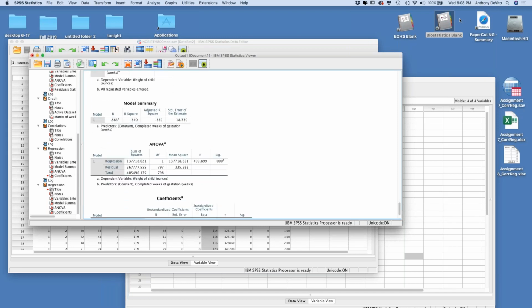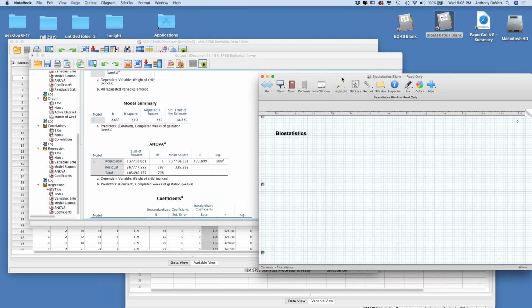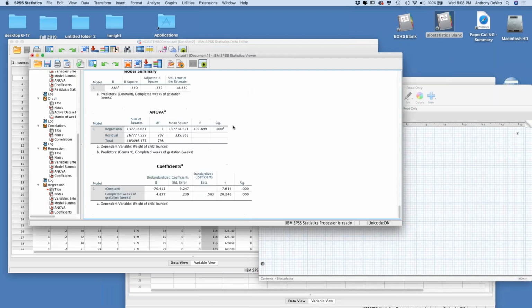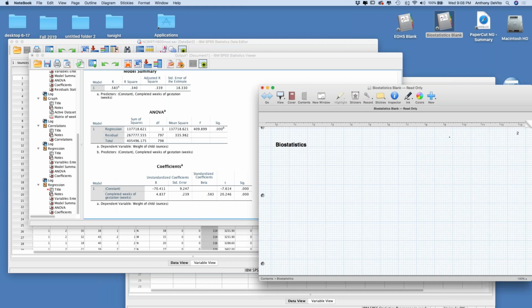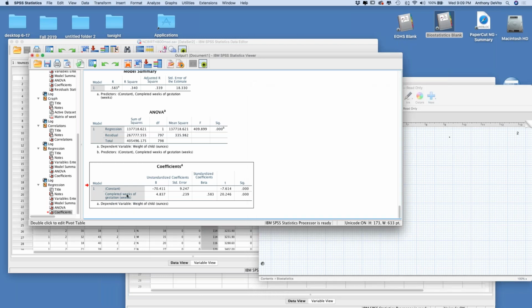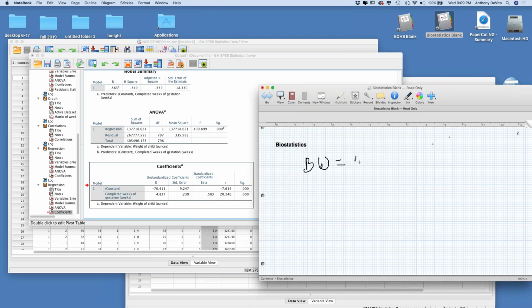So that is an interesting tool for us. So what's this formula going to look like? What is this relationship going to be like? Now I'm not even going to bother to write a math formula. I'm just going to say that the birth weight of the baby is equal to the slope for completed weeks of gestation, which is 4.8, times x, the weeks of gestation, minus 70.4.